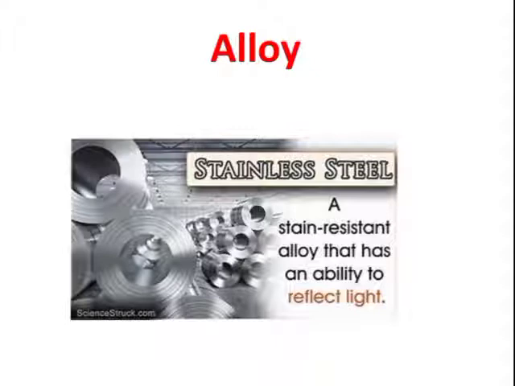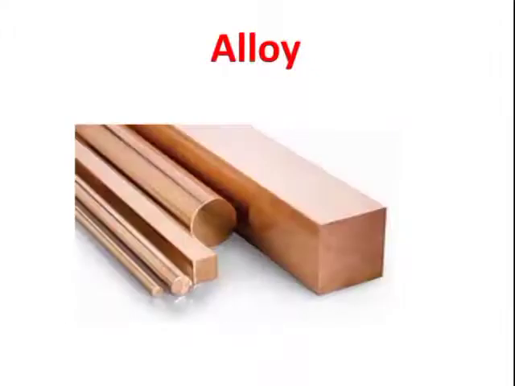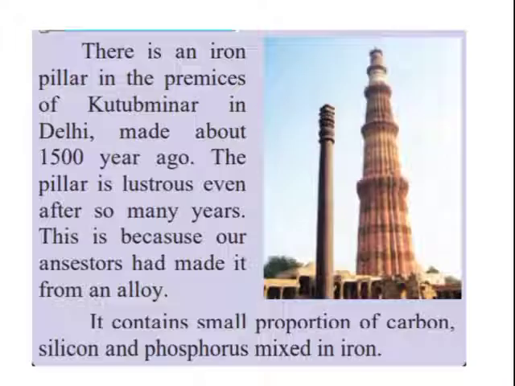The alloy bronze is formed from copper and tin. So this is bronze. It is made up of copper and tin. There is an iron pillar in the premises of Qutub Minar in Delhi, made about 1500 years ago.